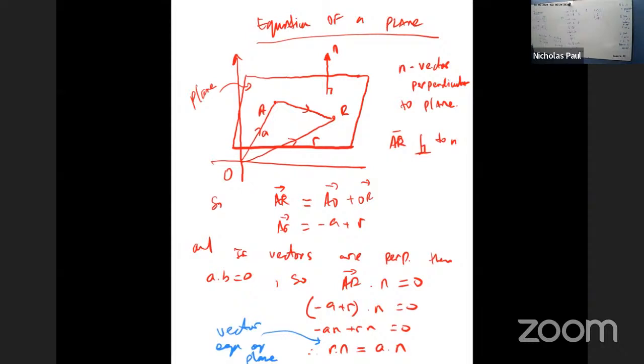This is also called the scalar product form. Don't write the whole thing now, just write R dot n is equal to A dot n. N is the perpendicular vector, and A is the vector on the plane.